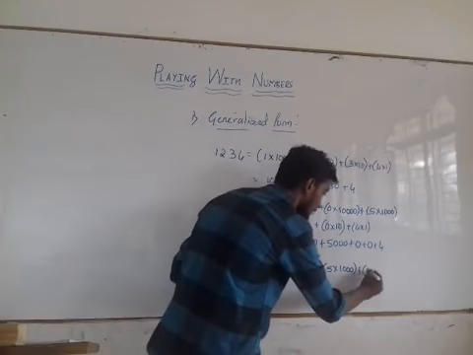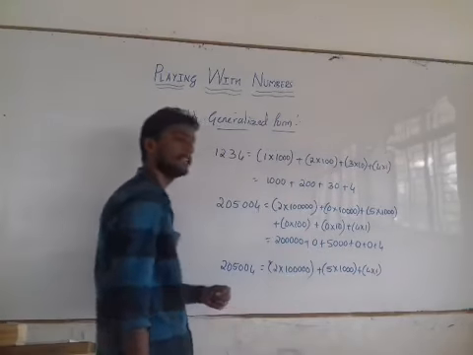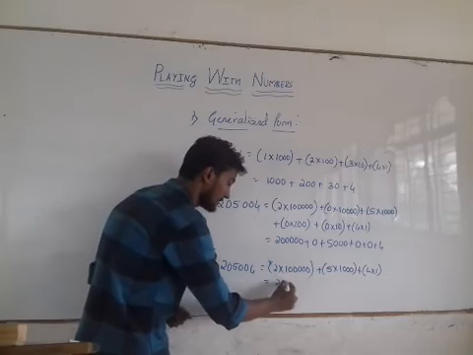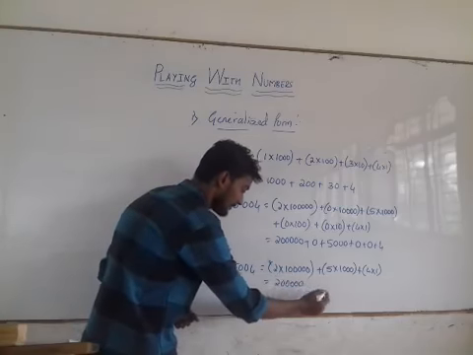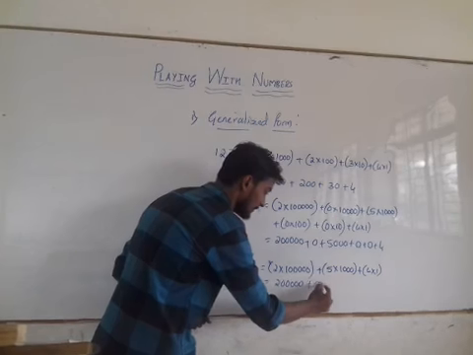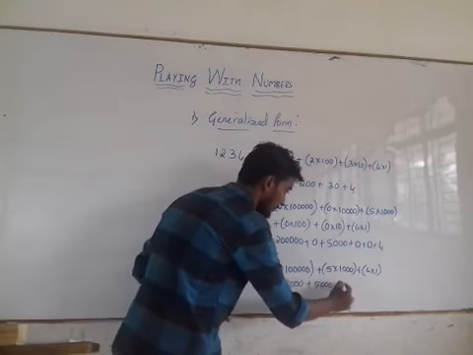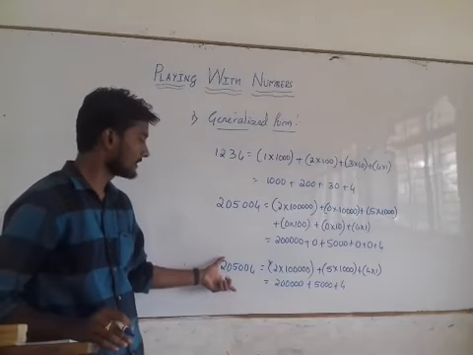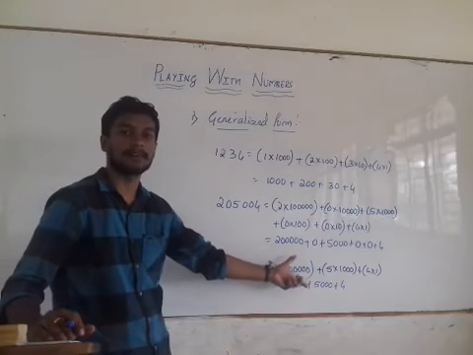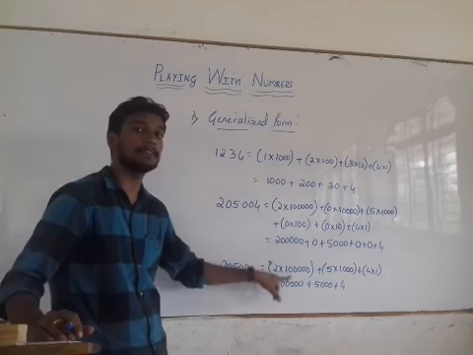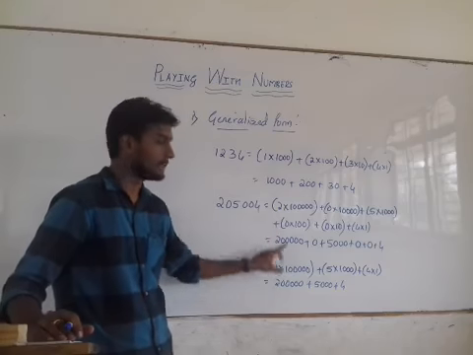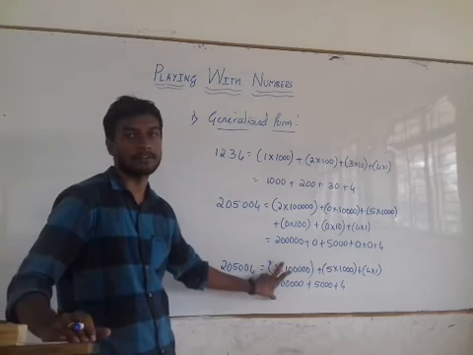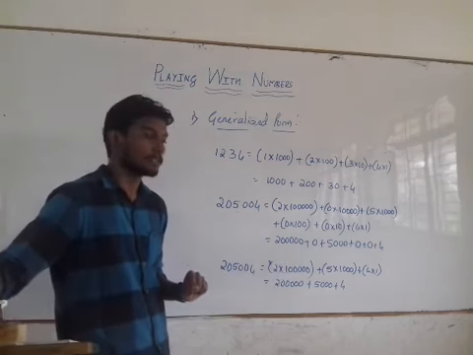At last you have 4 into 1. So 2 lakh plus 5 into 1000 is 5000, plus 4 into 1 is 4. Now we have written this number in generalized form. You can consider this or this; both are correct. This one takes a step more, and this can be written in the short form.